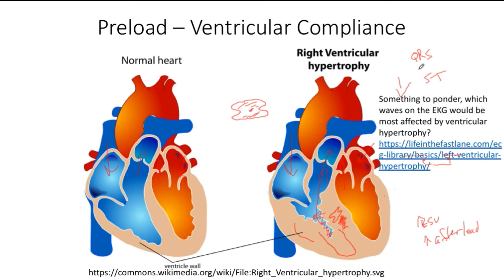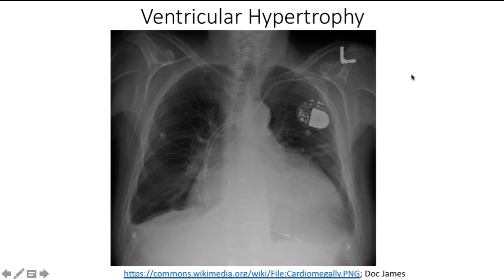So you will see these waves the most compromised by this, whether it's changes in voltages as you're monitoring on the EKG, the waves are going to look different. I'll let you go to this website and take a look at examples of this, but remember, being that the QRS complex is showing you the bulk of ventricular depolarization, that's where you're going to see a lot of issues on there.